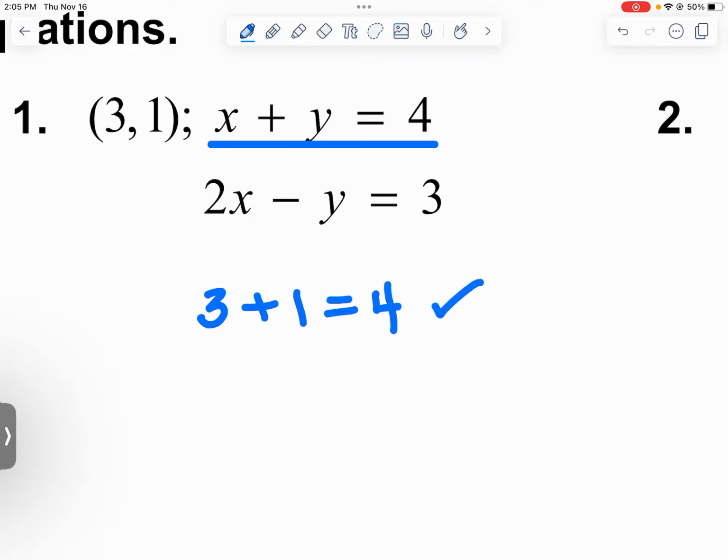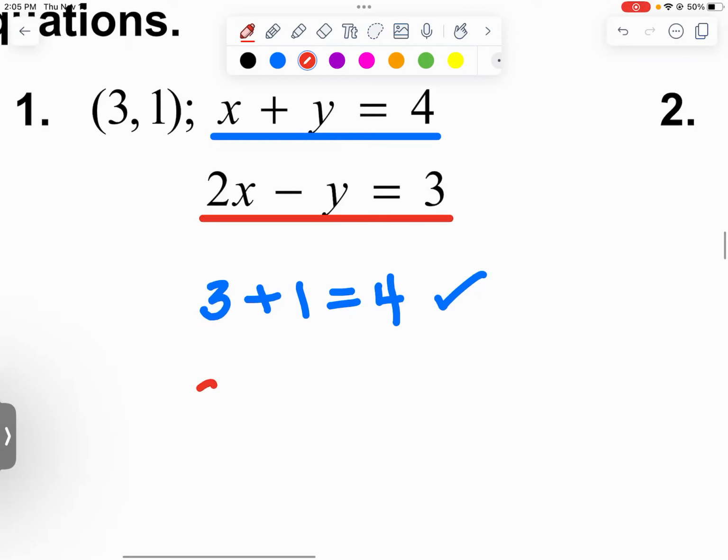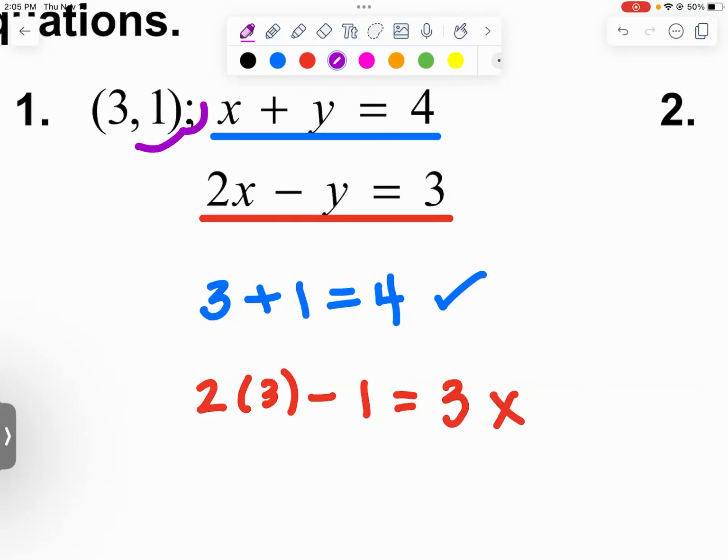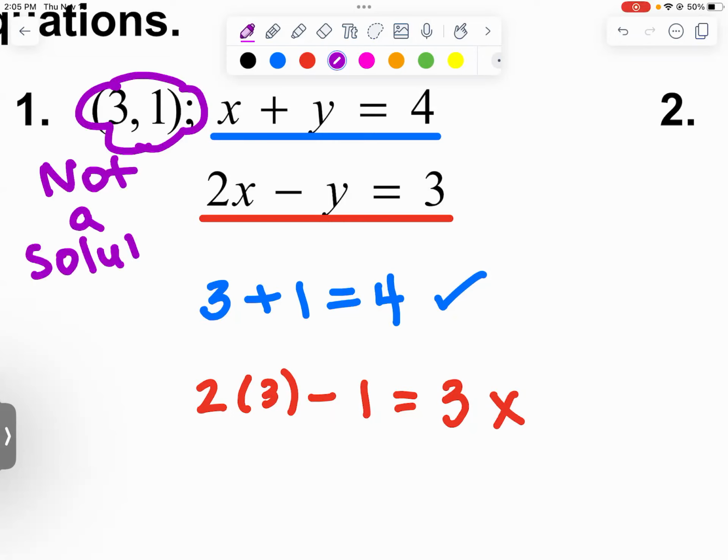Yes. Now this second one in red, 2x minus y equals 3. So this is not a solution because it has to work in both.